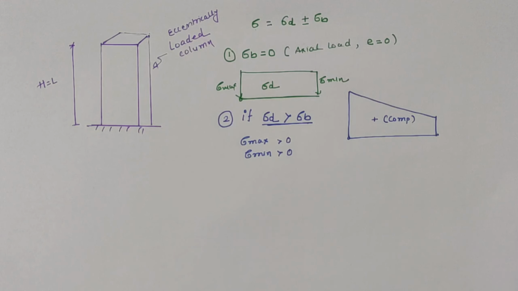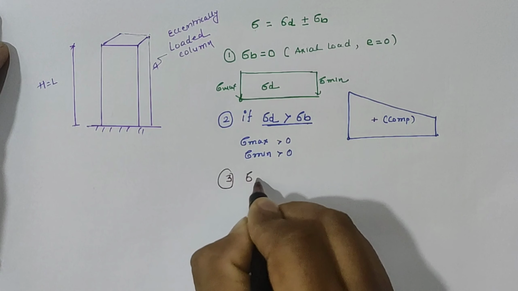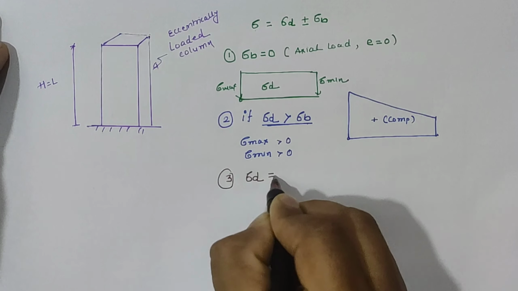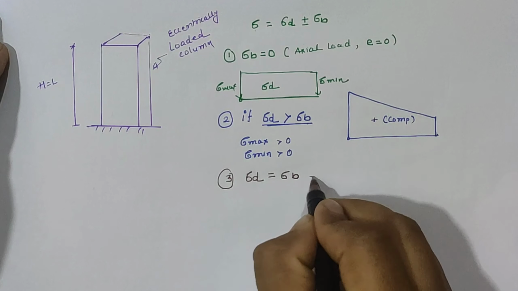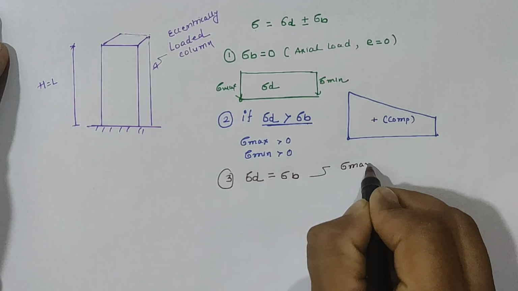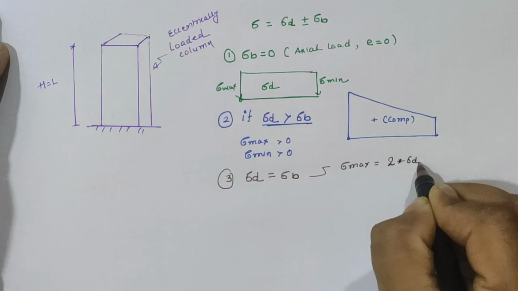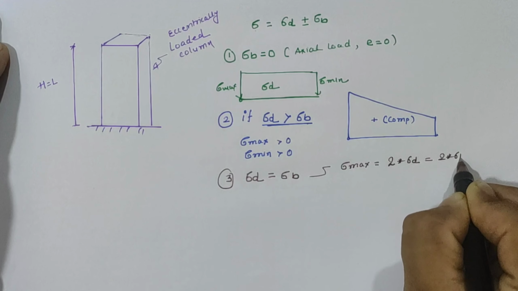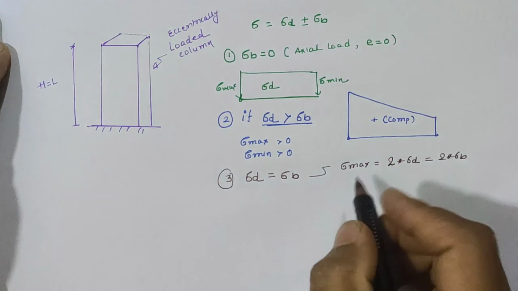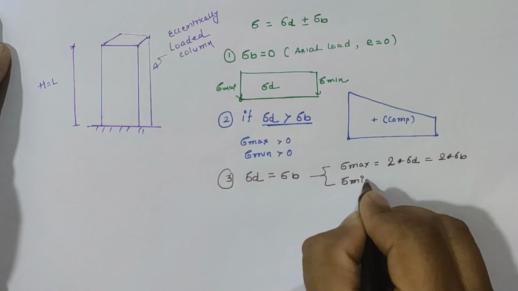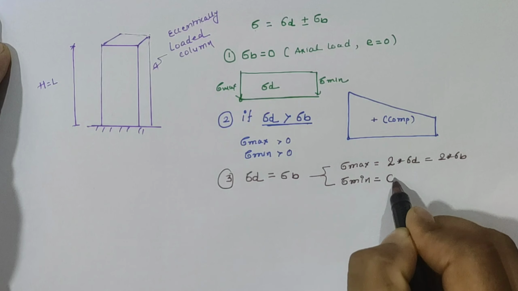Now let us consider the third case, where sigma D is equal to sigma B. For this case our sigma maximum value is equal to 2 times sigma D or 2 times sigma B, as both values are equal, since the maximum is sigma D plus sigma B. And if we go for the sigma minimum value, then sigma D minus sigma B is equal to 0.